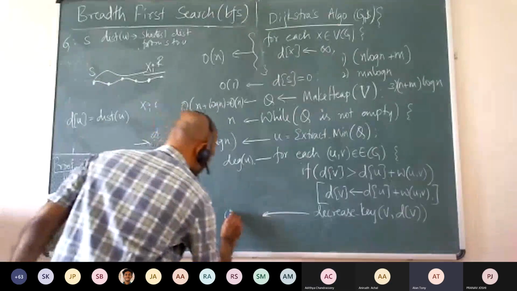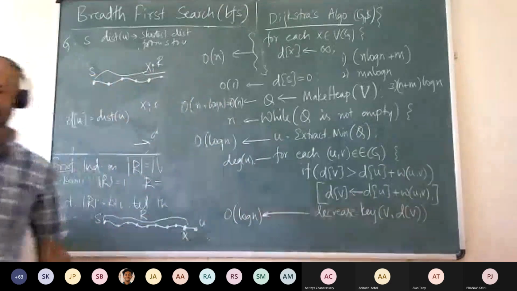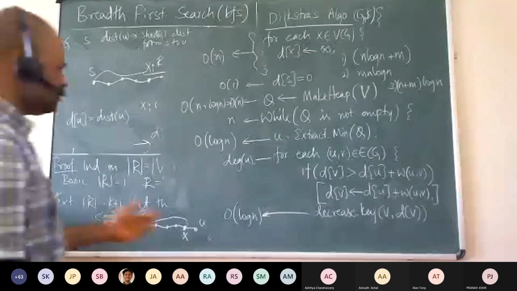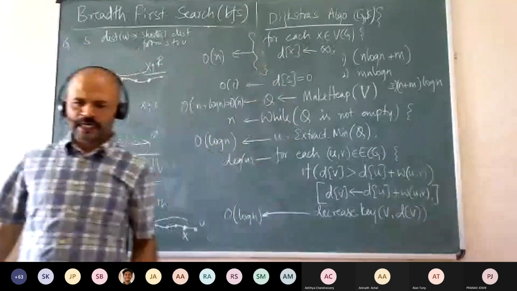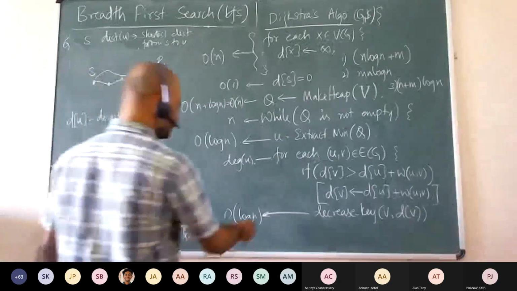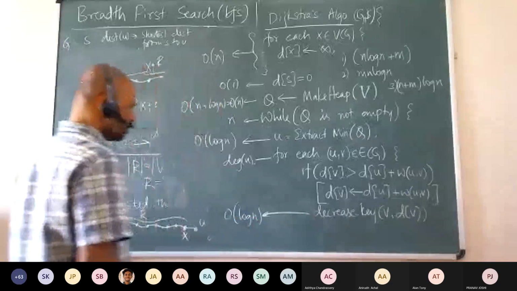Again, order of log n. Yesterday we saw this. It takes log n because you might decrease it to some value, and since we are only decreasing, it will only bubble up to its correct position. Hence it takes order of log n.